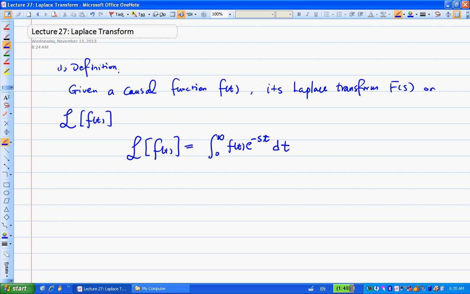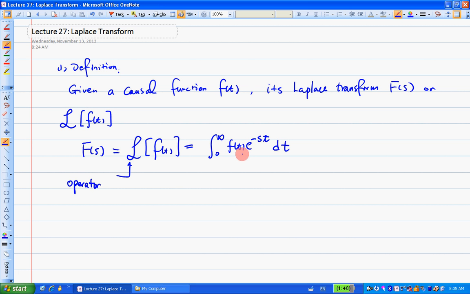So let's take a look at this simple integral right here. L is basically an operator, functioning like a system. The input to the system is f of t here, and the output is going to give you a function capital F of s.